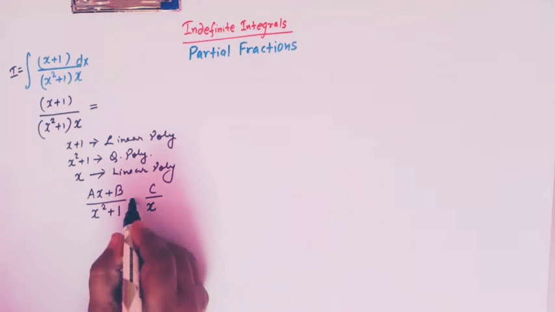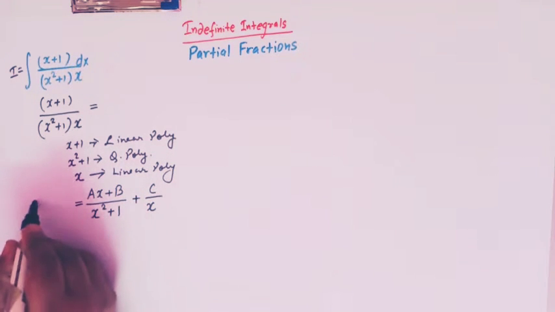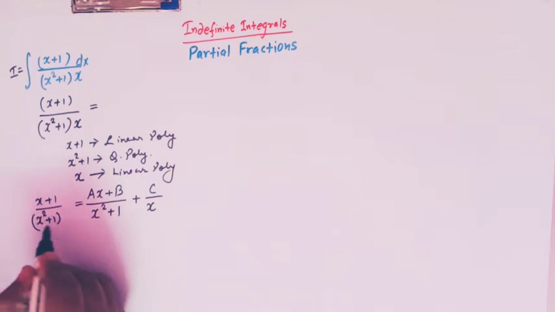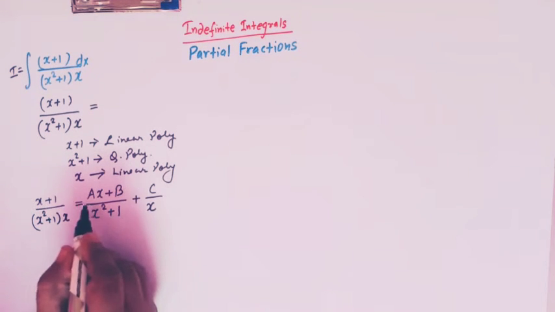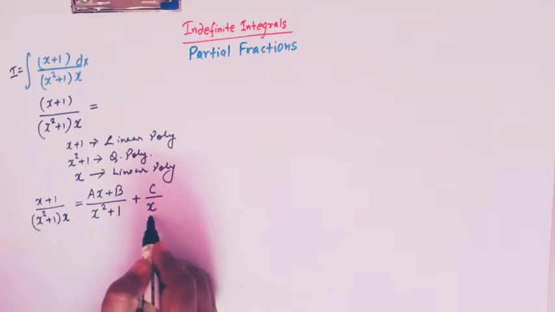Now we can add both these partial fractions, and we have (x plus 1) over (x squared plus 1) x is equal to (ax plus b) over (x squared plus 1) plus c over x.